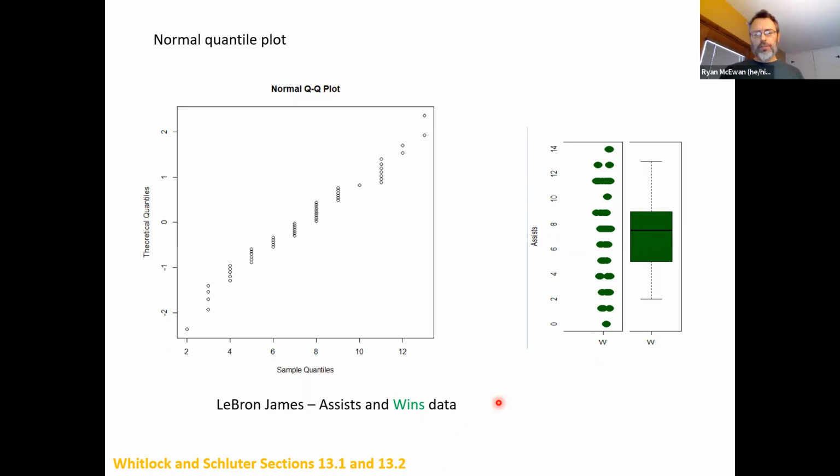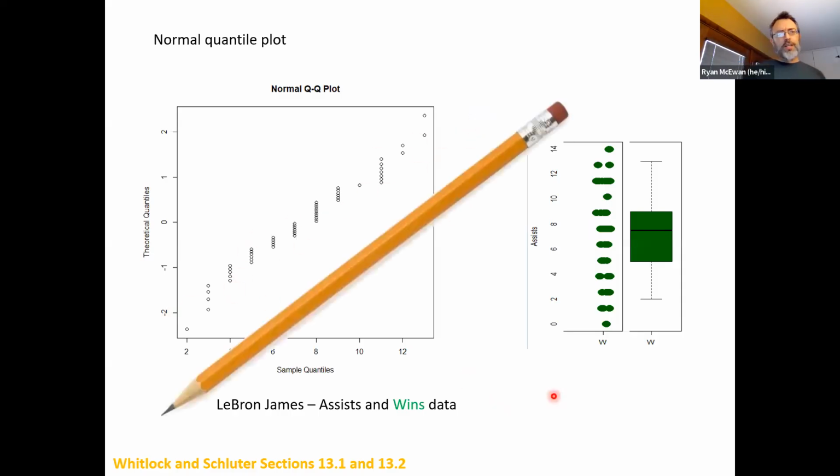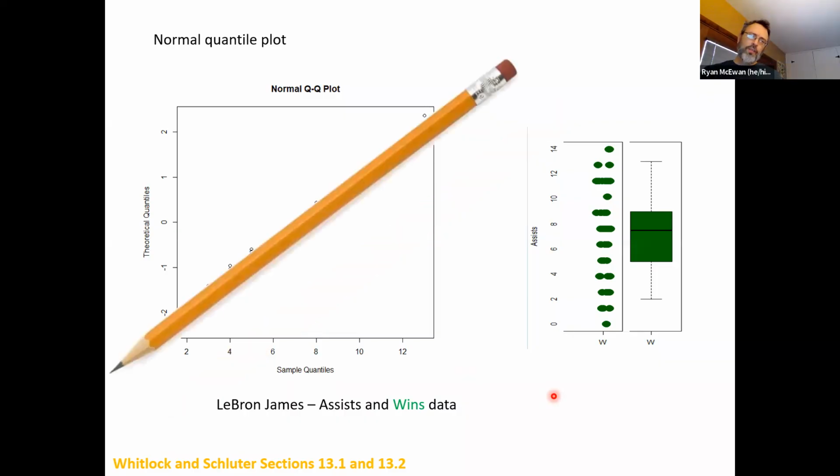Okay, so this is all good, and it's a robust approach. The normal QQ plot is part of that robust approach. And the basic idea is, can you lay a pencil on this and the dots are under the pencil? I know this sounds weird, but we're trying to ascertain a linear relationship here between the theoretical quantiles and the sample quantiles.